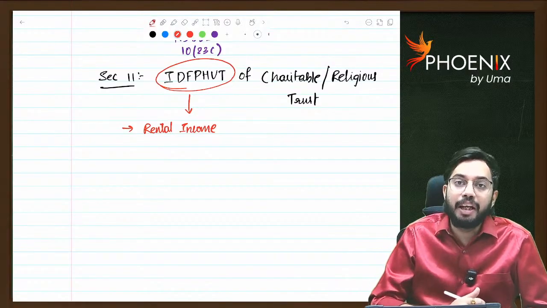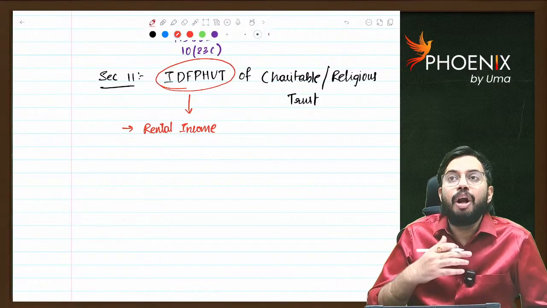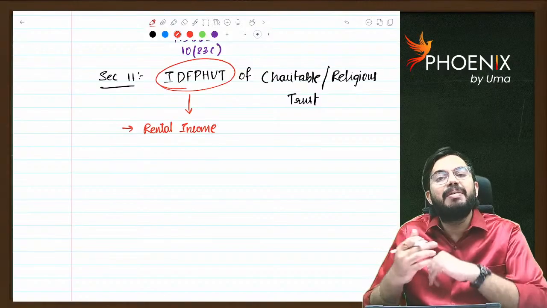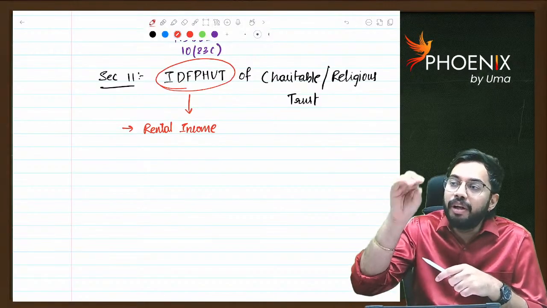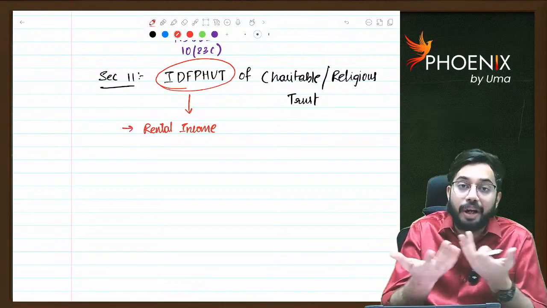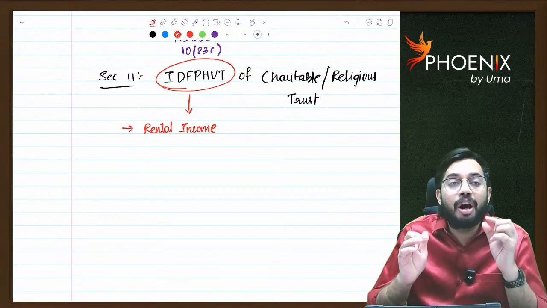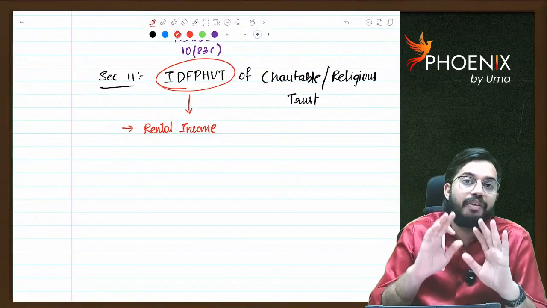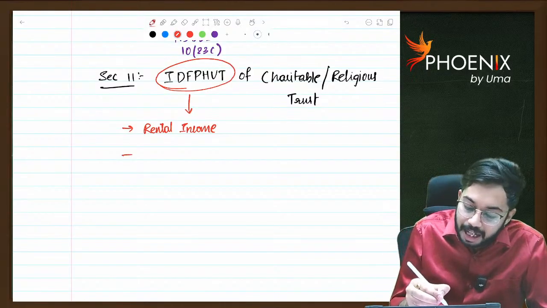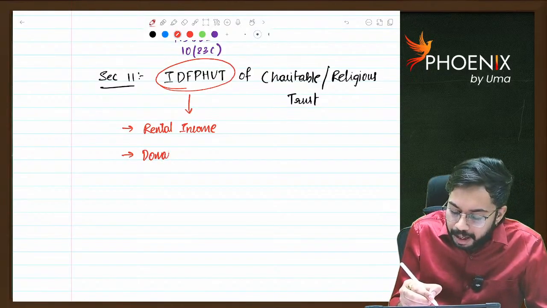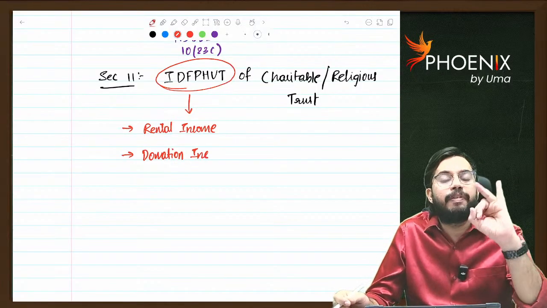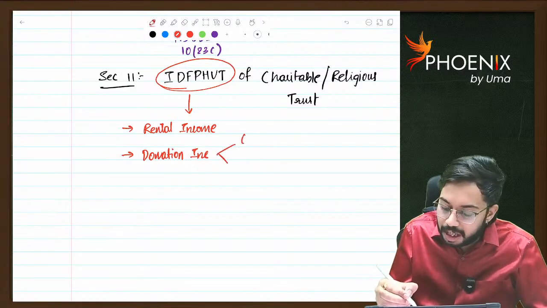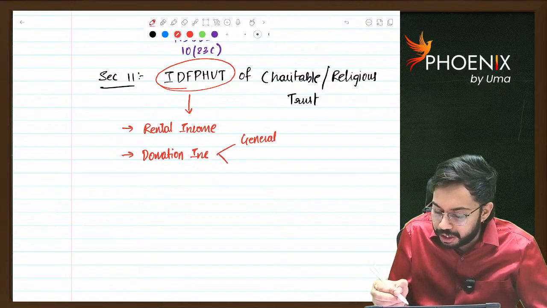Income derived includes rental income, but not only rental income. See, what is the main income of a trust? Donations. If you go to Tirupati, you will deposit some money in the hundi. Even whatever the donation income is there, it is also considered as income derived from property held under trust. These donations are classified into two types: general donations and corpus donations.